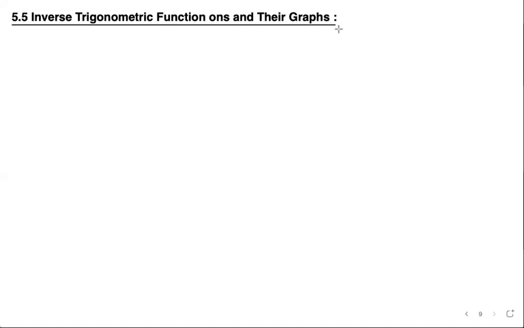I'm going to start with the inverse of the sine function.